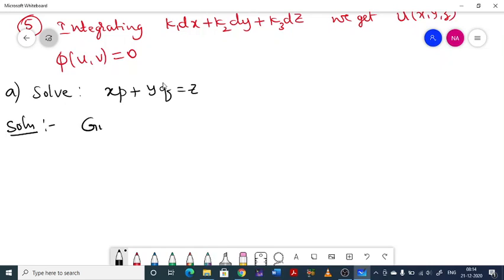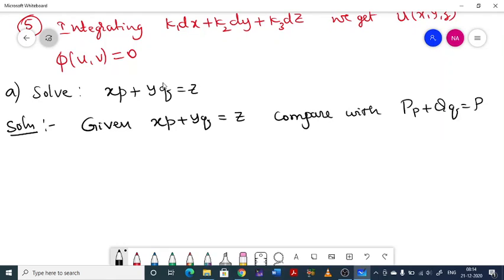So given xp plus yq equal to z, compare with capital P p plus capital Q q equal to capital R. So what we get if you compare with that equation, capital P will be x, capital Q will be y, capital R will be z. Now that is the first step.